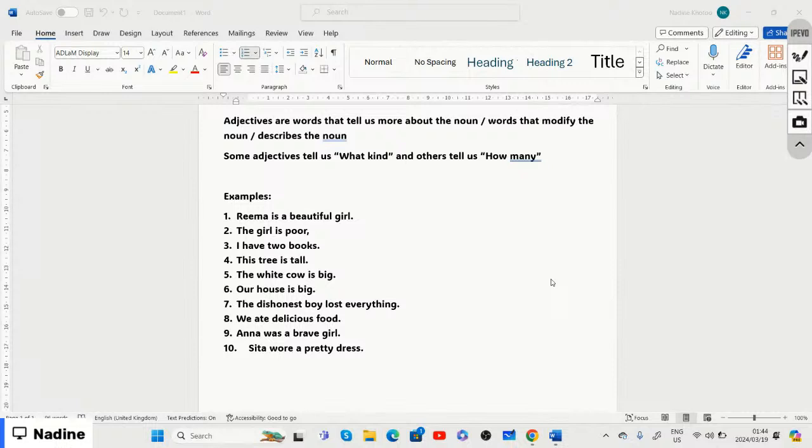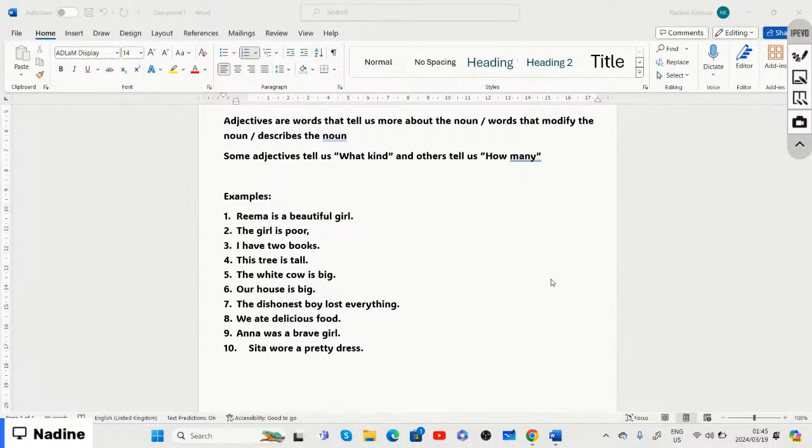Words that tell us what kind can be beautiful, poor, rich, ugly, tall, short, big or small, red or black, honest, dishonest, delicious, yummy.